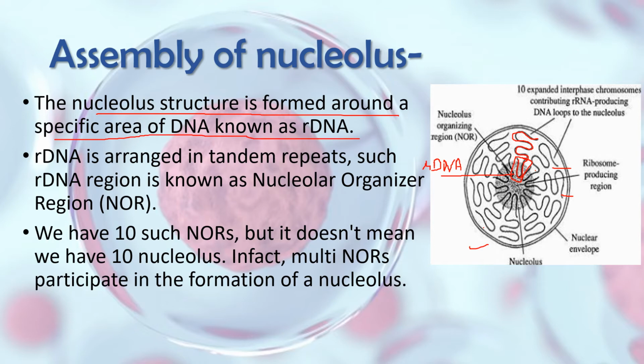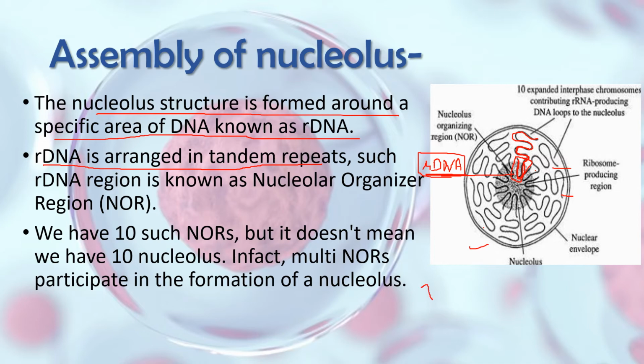This is our chromosome, and this particular area, which contains the specific genes that code for ribosomal RNA synthesis, is known as rDNA. The rDNA is arranged in tandem repeats.